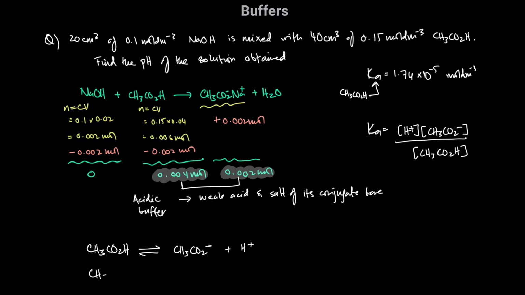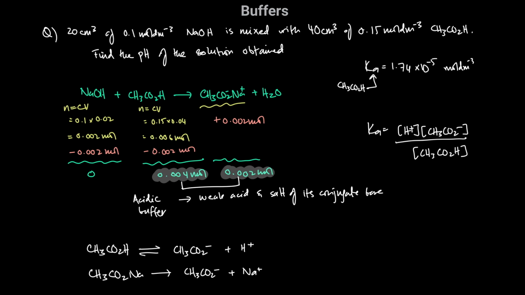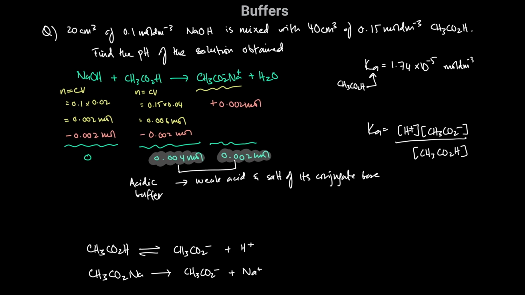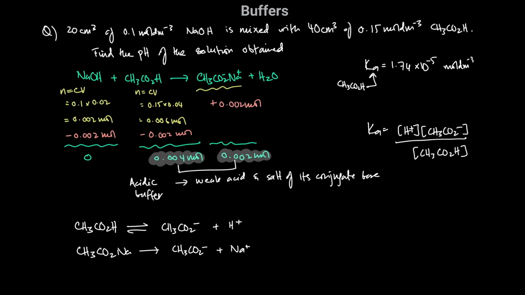And we have a salt of its conjugate base, which ionizes completely. It's a salt. It ionizes completely in solution to form CH3CO2 minus and Na plus. So then what we can say here is that we have 0.004 moles of ethanoic acid present.